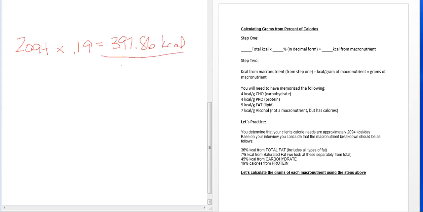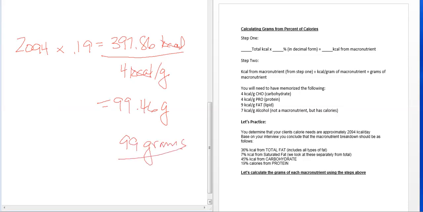We're going to divide by 4 calories per gram. And our trusty calculators are going to tell us that that is 99.46 grams of protein, and we're going to round it on down to 99. So this person would want to eat around 99 grams of protein.